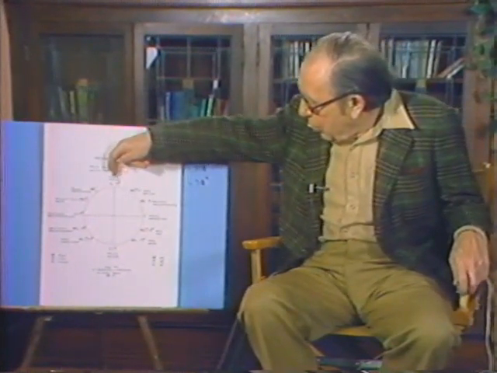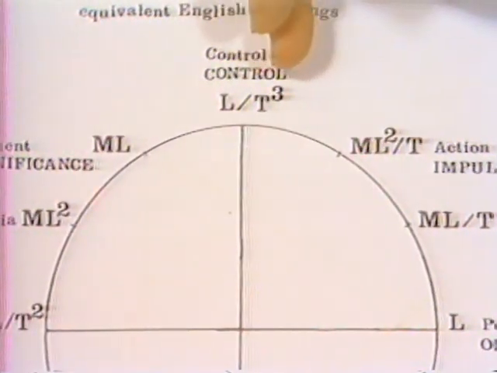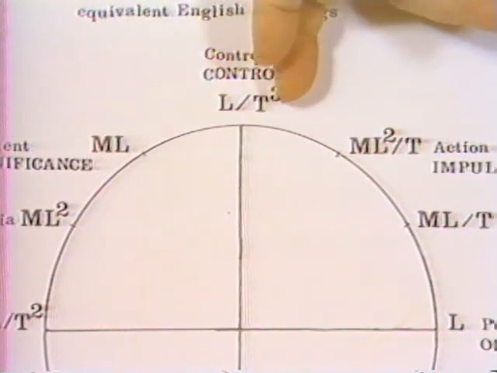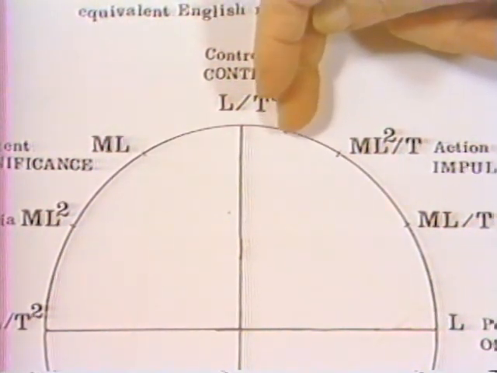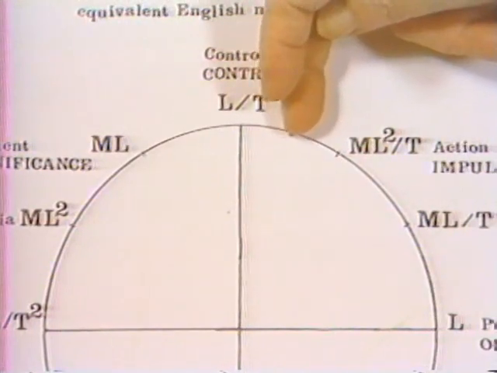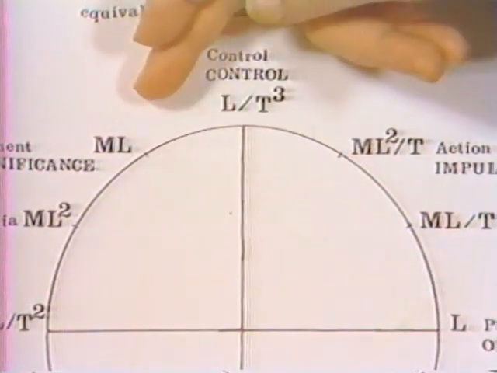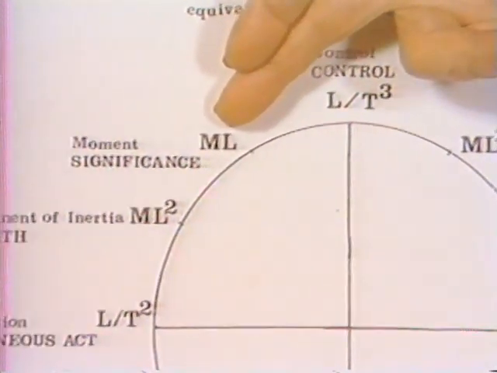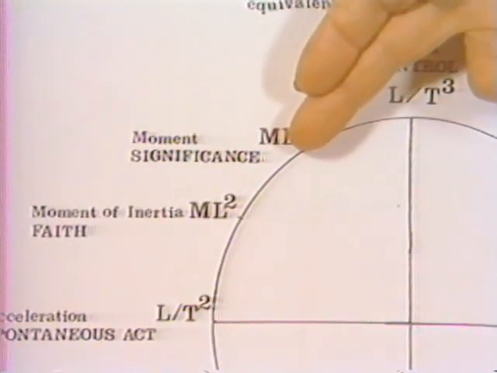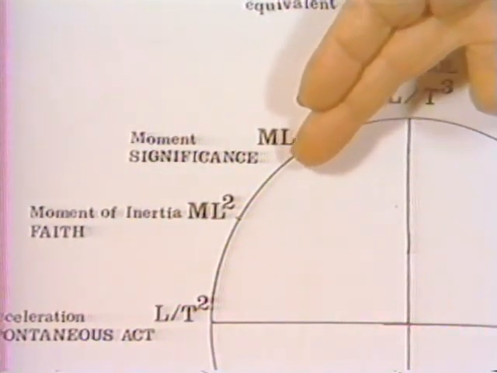Of course, when you come to here, this is Capricorn, famous for its controlling the situation and the sure-footed goat. Aquarius, significance. That's a very good definition of Aquarius. It has to do with principles.